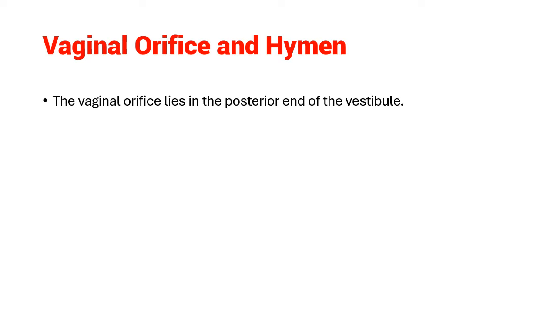Now the next is vaginal orifice and hymen. The vaginal orifice lies in the posterior end of the vestibule. Do remember, in virgins and nulliparae, the opening is closed by the labia minora, but in parous women, it may be exposed.